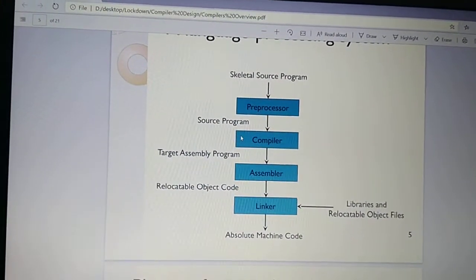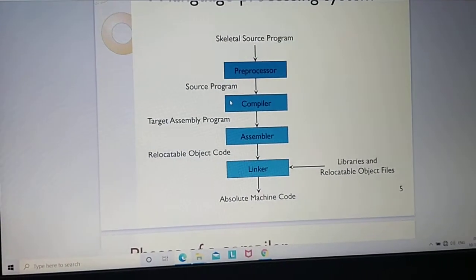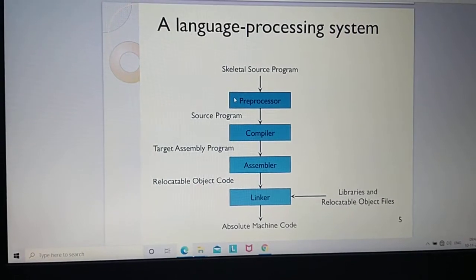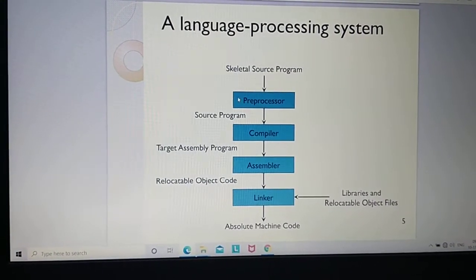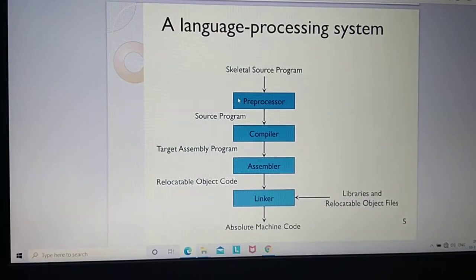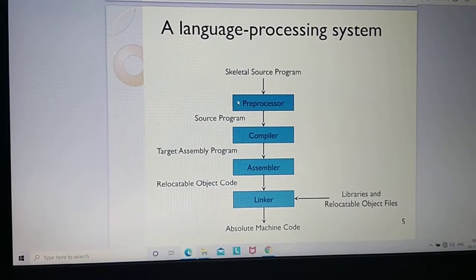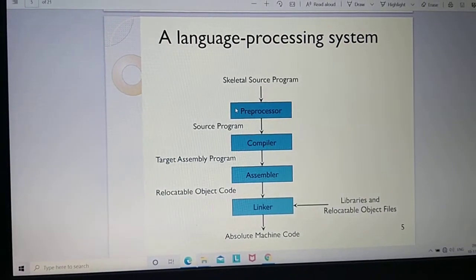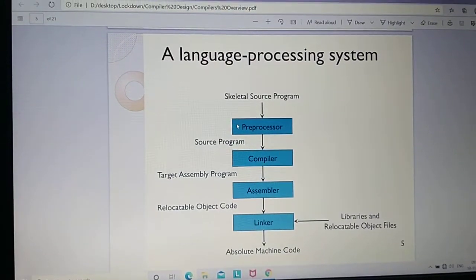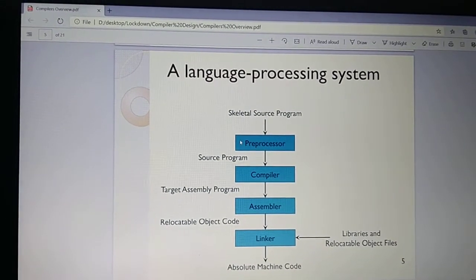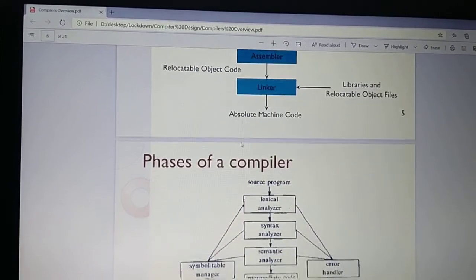So in the language processing system, the other programs, preprocessor, assembler, and linker, work along with the compiler to generate the absolute machine code. They are also known as the cousins of compilers.